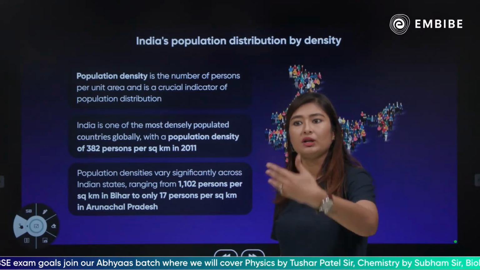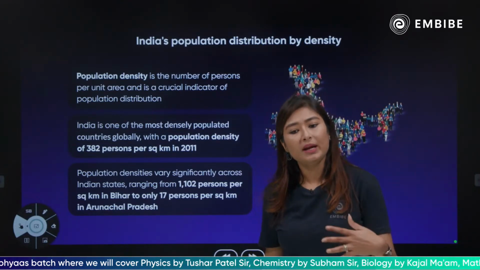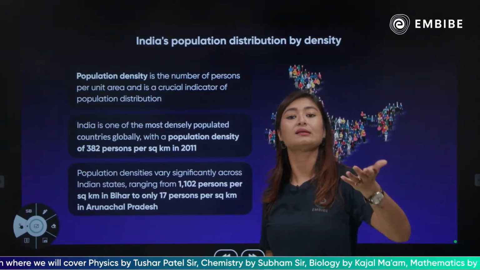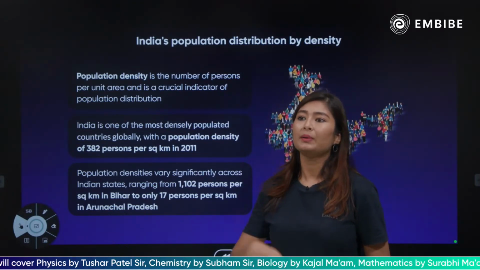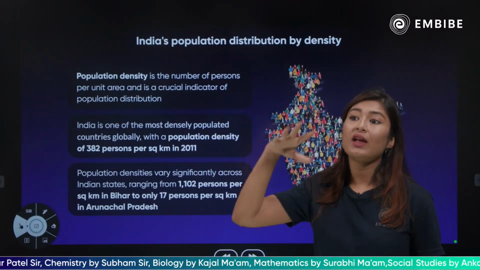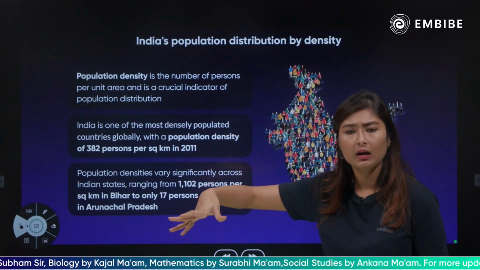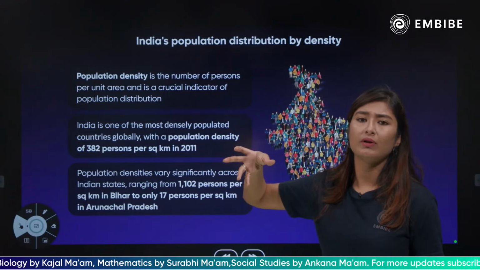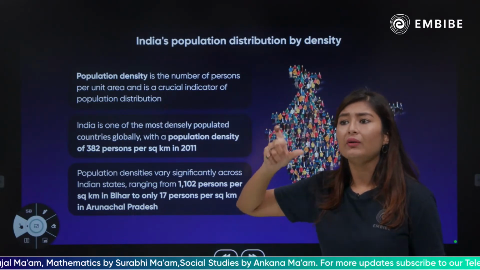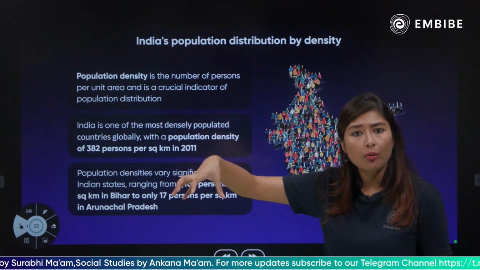When we look at the population density of India, it is very different. Some areas have it very, very high. Some areas have it very, very low. For example, in Bihar and West Bengal, the population density is very high, which means even in the smallest of the areas, a lot of people are staying. So, in Bihar and West Bengal, you will see more than 1000 people are staying in every square kilometer.